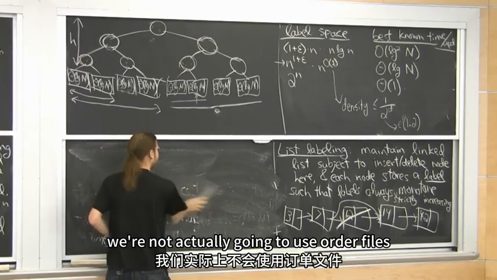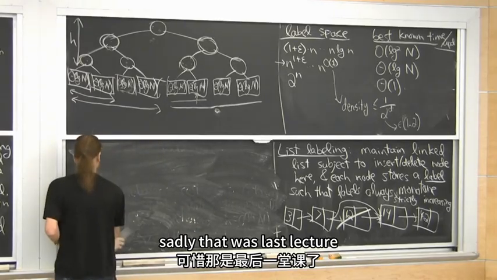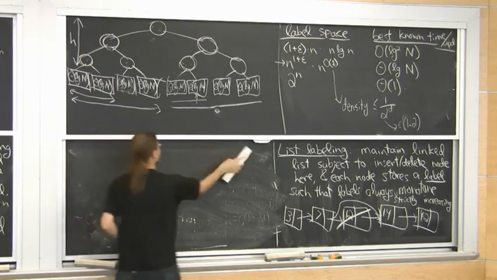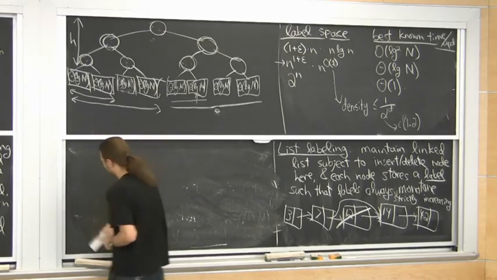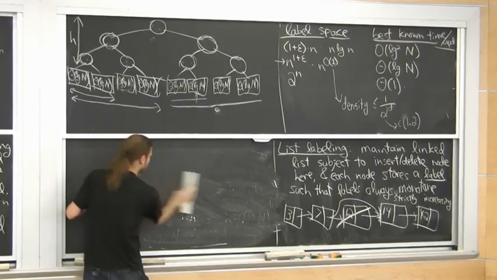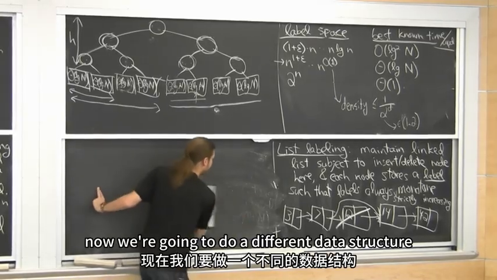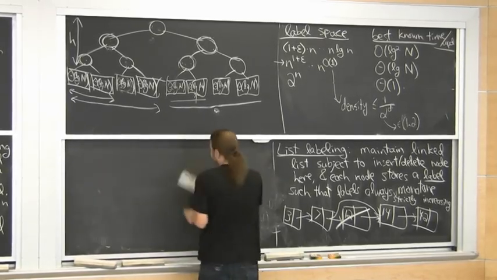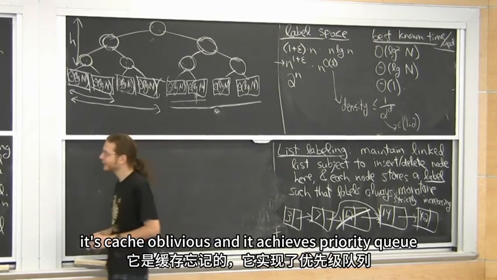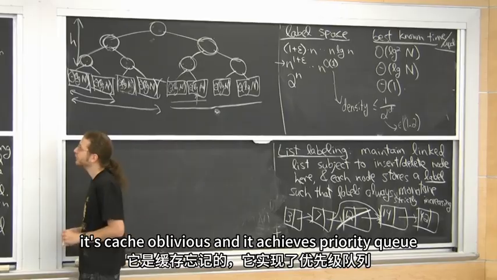We're not actually going to use order files, sadly. That was last lecture. So all of this was a continuation of last lecture. Now we're going to do a different data structure. It's going to adapt to B, it's going to adapt to M, it's cache oblivious, and it achieves priority queue.